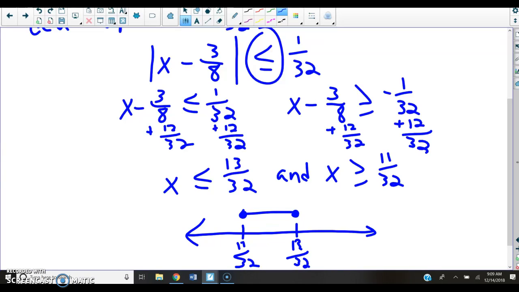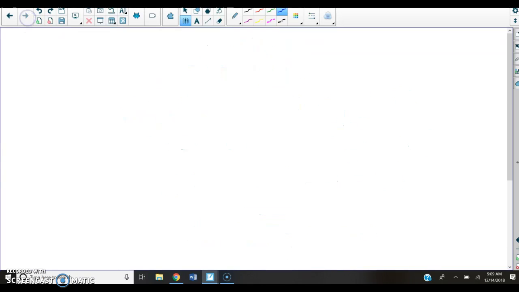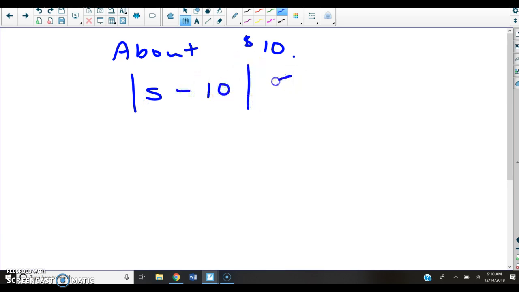That happens all the time with gifts. At Christmas, when they buy gifts for a white elephant gift or whatever, and they'll say about $10. Okay, they probably won't say absolute deviation, but they could very easily say give or take $2. So then your spending amount is supposed to be 10, but you can vary $2.